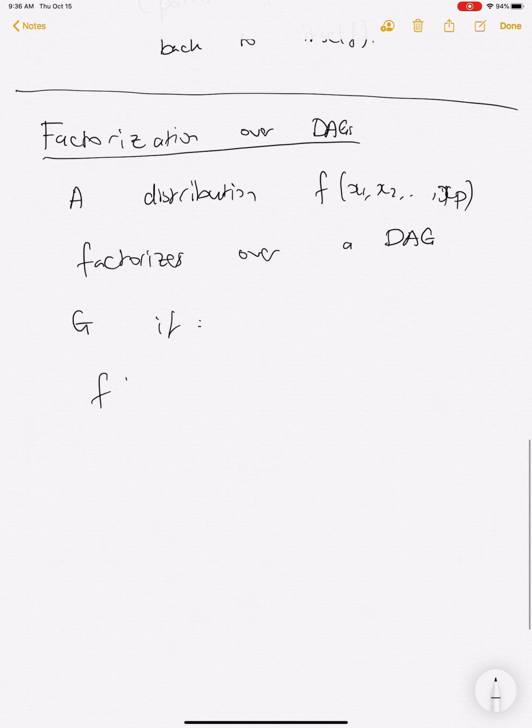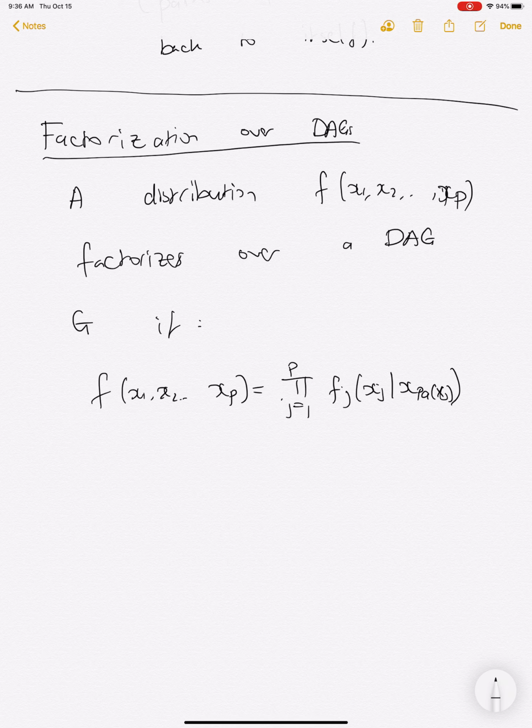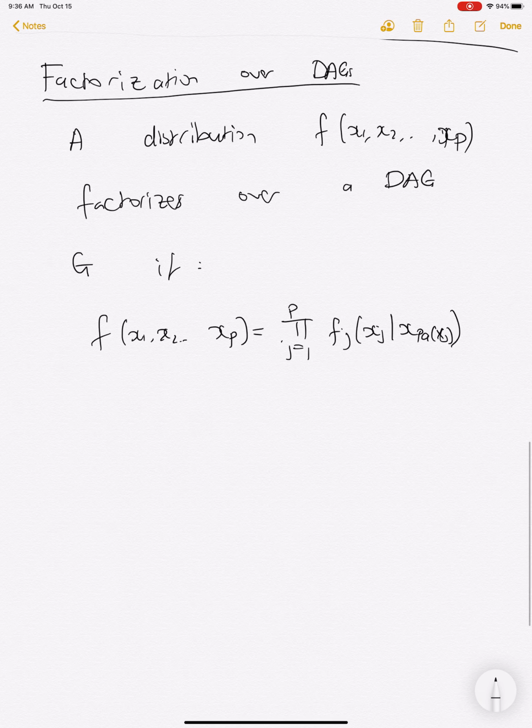The distribution factorizes over a DAG G if you can write out this joint distribution as a product of the conditionals where you only condition on the parents.